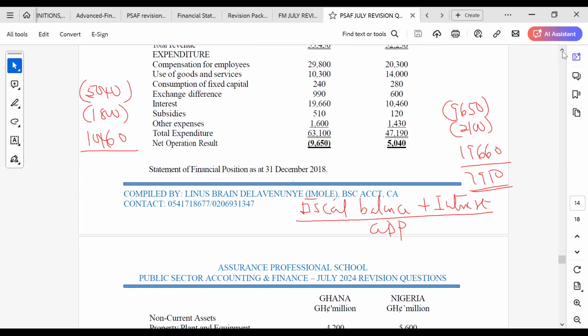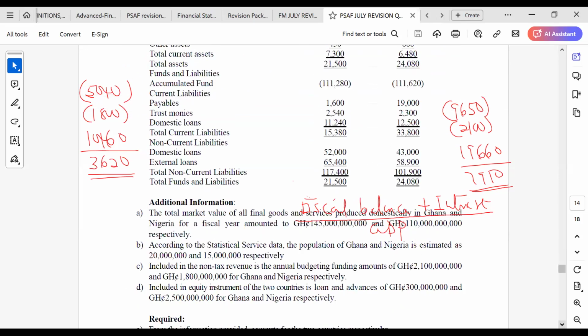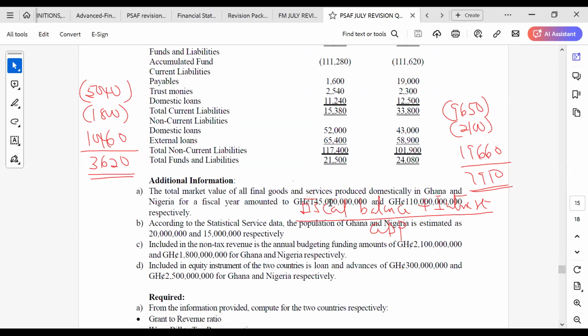What are we having? 3,620. Okay. So this is the non-oil primary balance. They are asking us to do it over the GDP, so you just divide these figures by the gross domestic product for the two countries.